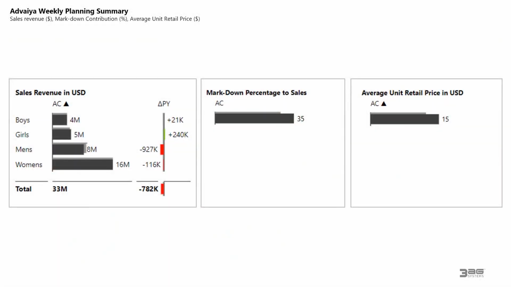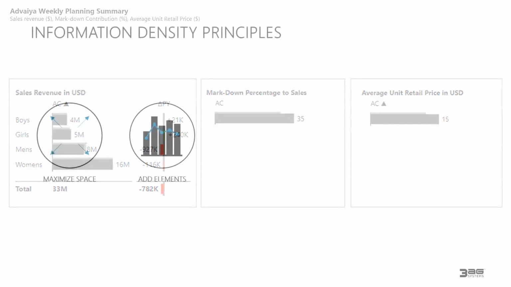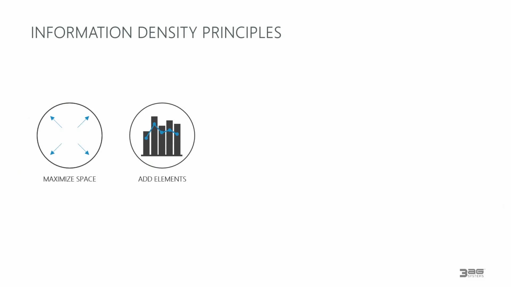Now, as you can see, we have a lot more space to use now. So what do we do with them? The next thing we do is add more elements. Now, adding elements here is really about adding more relevant data, which was not necessarily in the original visuals, but it'll help us with understanding the data more.